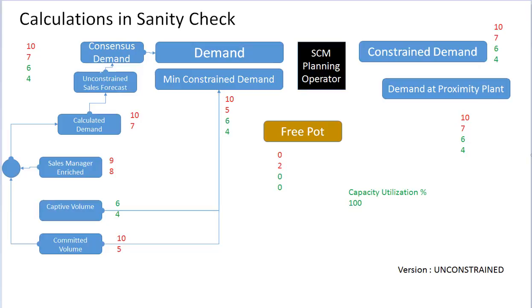It could be on the demand side for the committed volume or the captive volume, or even some adjustments to the target stocks, which are having an impact in the capacity utilization.